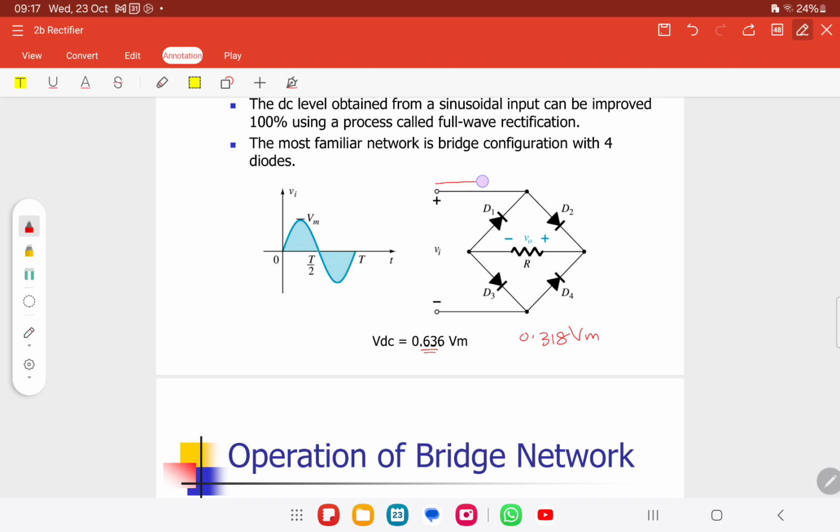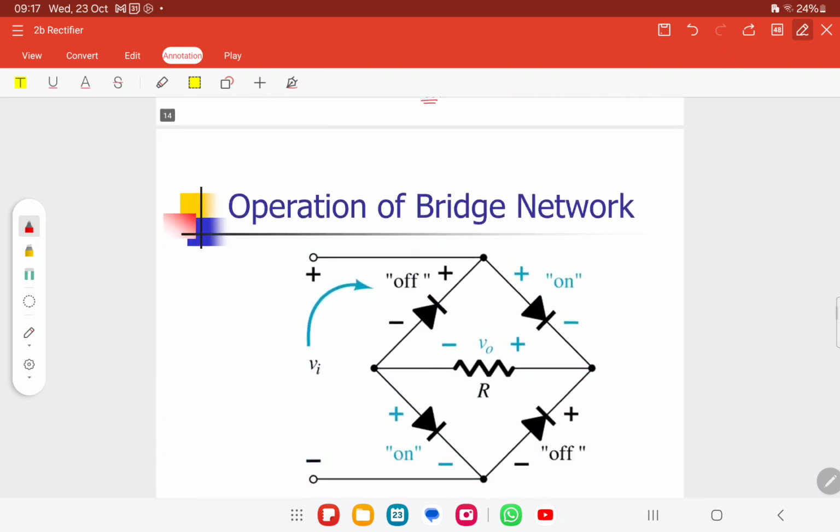Satu dia akan pergi sini, lalu sini, goes here to this one. Okay. So yang ini akan off dulu. This one will be off.